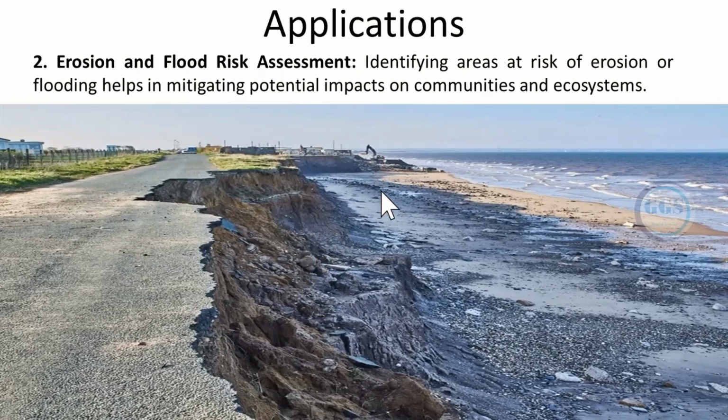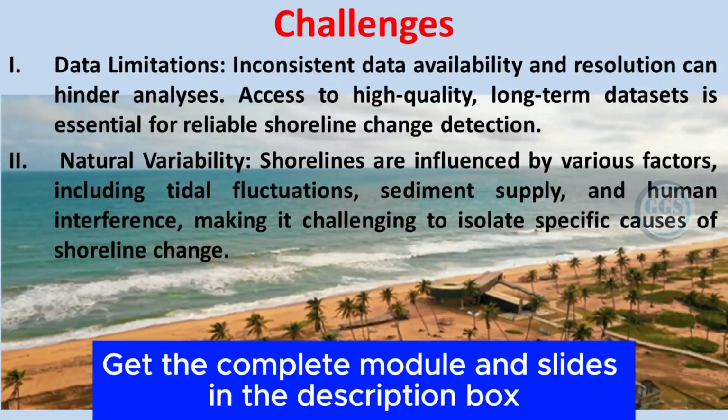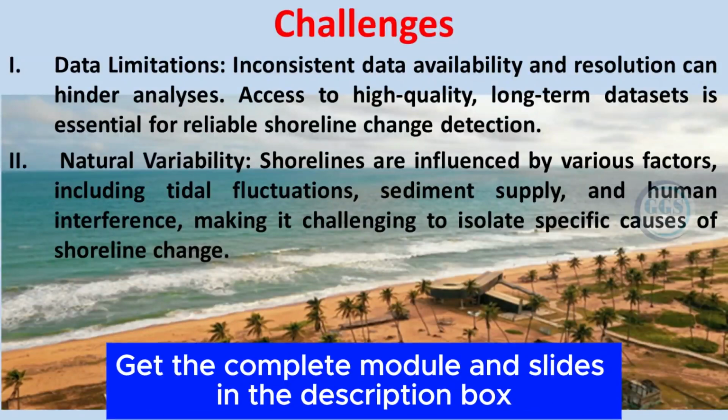So by studying it, we'll be able to take strategic steps to prevent coastal erosion or to even warn communities on the danger ahead. The next application is in climate change studies. Understanding shoreline dynamics contributes to research on the effect of climate change, particularly concerning rising sea levels and increased storm intensity.